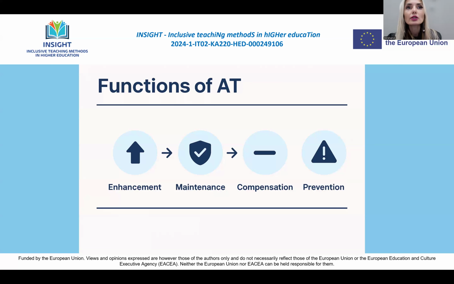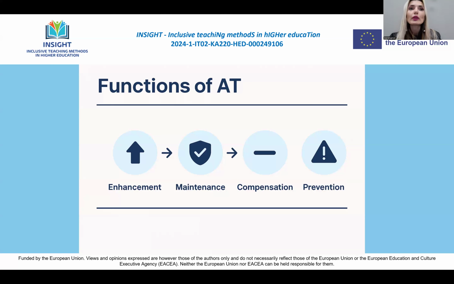Simple technology devices, and complex. Simple are mechanical or non-electronic devices that do not require complex configuration. Complex are electronic systems or digital platforms that have multifunctional software. Examples include speech-to-text software, electronic organizers, and touch-controlled electronic wheelchairs.